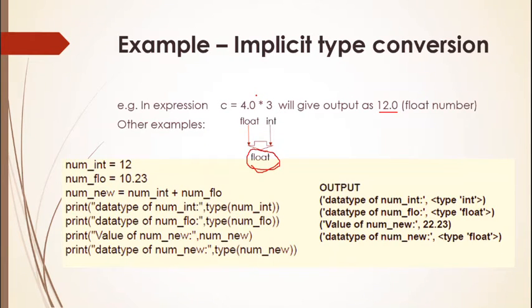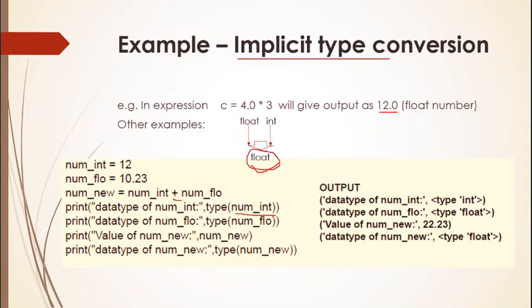Now, more examples of implicit type conversion. Here we have put the value 12 as an int, and the float number we have taken is 10.23, and then we added the numbers. We are checking the data type of each variable.